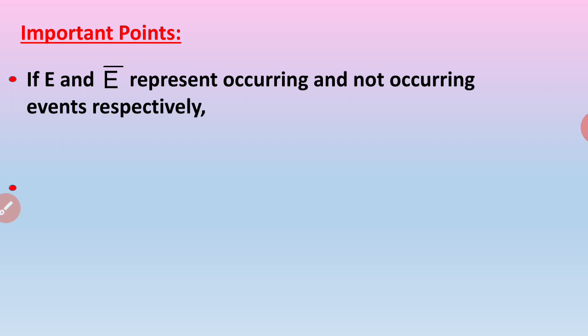If E and E dash or E bar represent occurring and not occurring events respectively, then the probability of the event and the probability of E bar, that is the event not happening, add up to 1.